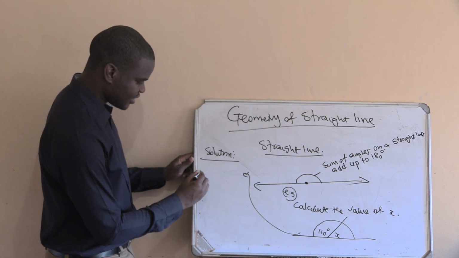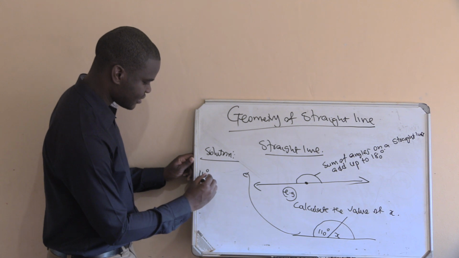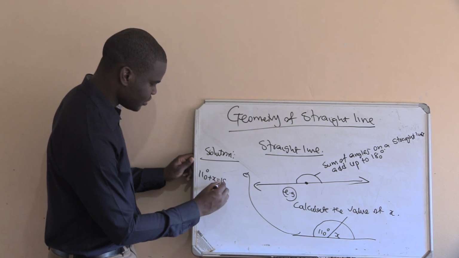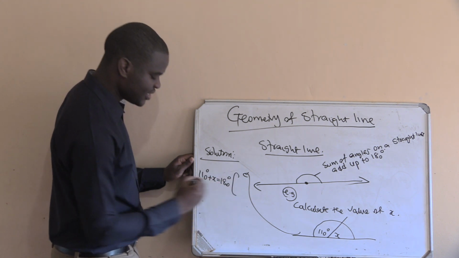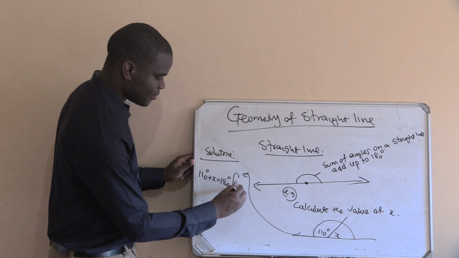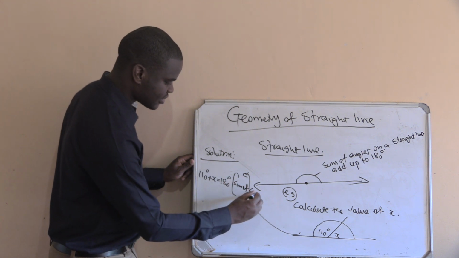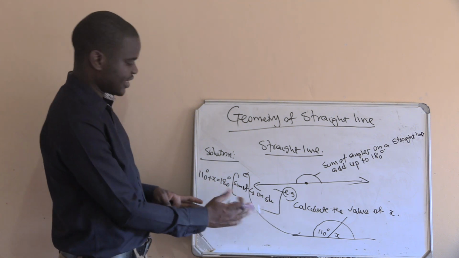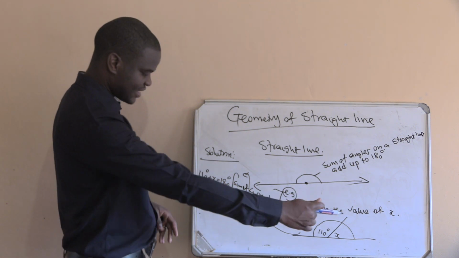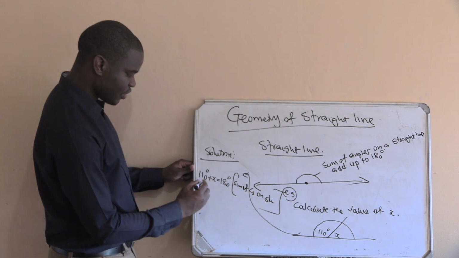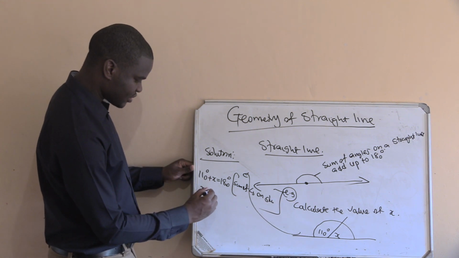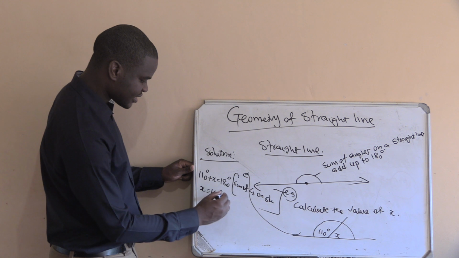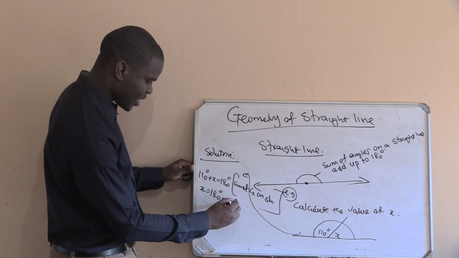Therefore, you have to write 110 degrees plus x is equal to 180. What is the reason? Sum of angles on a straight line. So make sure that you put your reasons like that. When you solve here, you're going to have x is equal to 180 degrees minus 110.